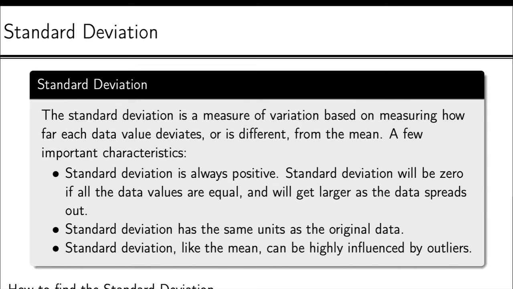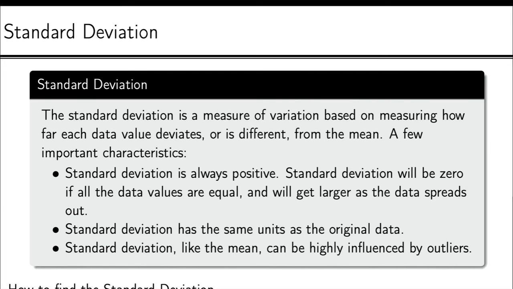What we're going to use instead usually is standard deviation. This is a way of measuring how much our individual data values deviate from the mean. There are some facts to know about this. First of all, it's always going to be a positive number, and it's only 0 if every single data value is the same number.